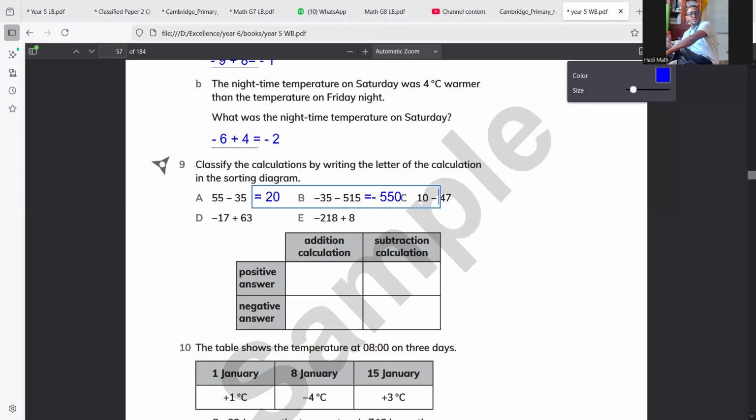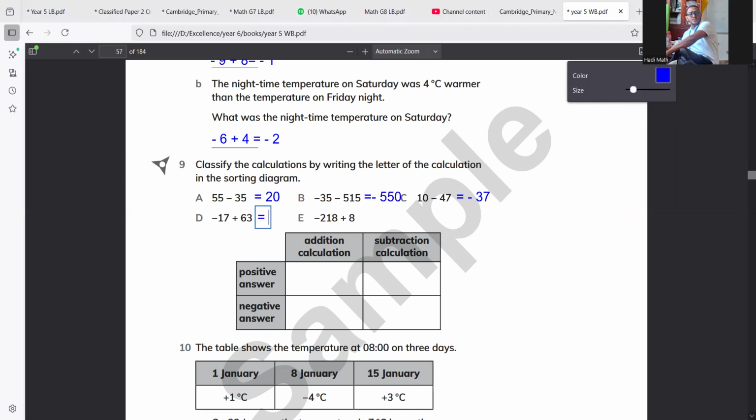The question after is 10 minus 47. This equals: 10 is positive and 47 is negative. Different signs, subtract. The difference between them is 37, and the sign will be of the greater absolute value, which is negative. Go to D, let's see what it is: -17 plus 63. Go ahead and do it. Okay, 17 is negative and 63 is positive, different signs.